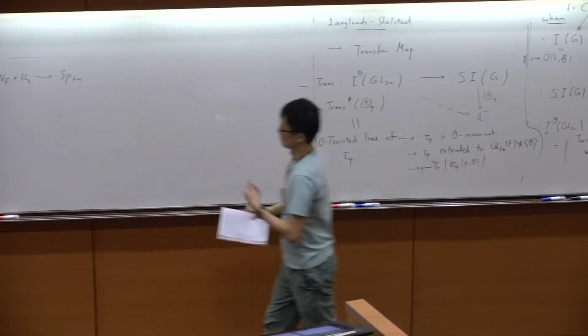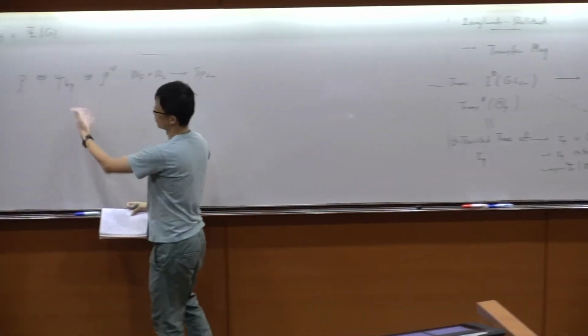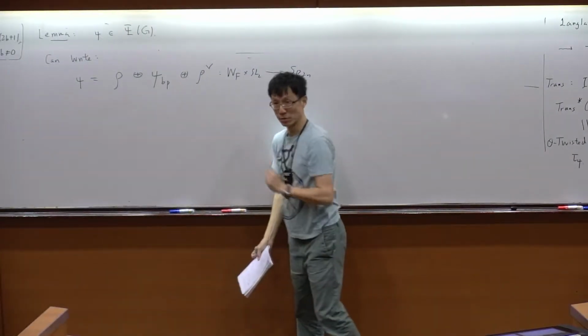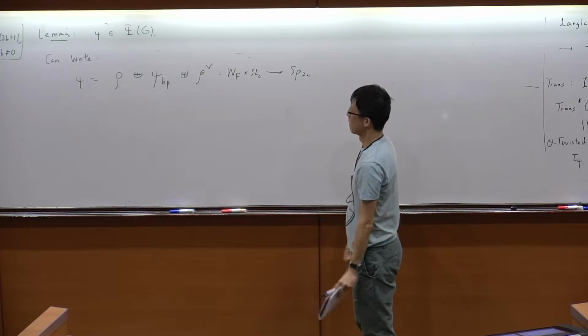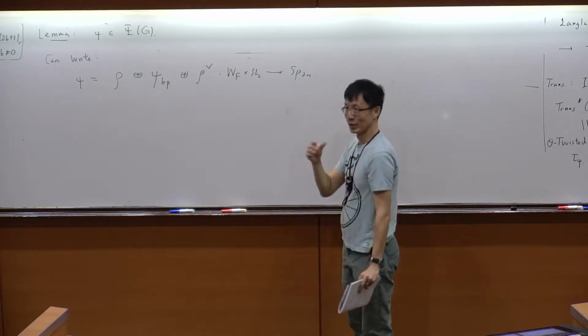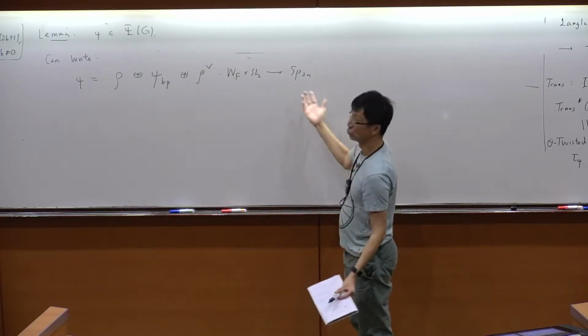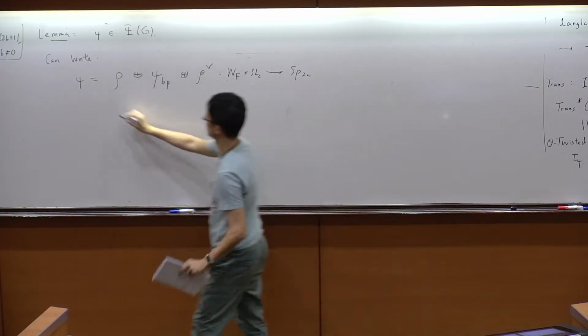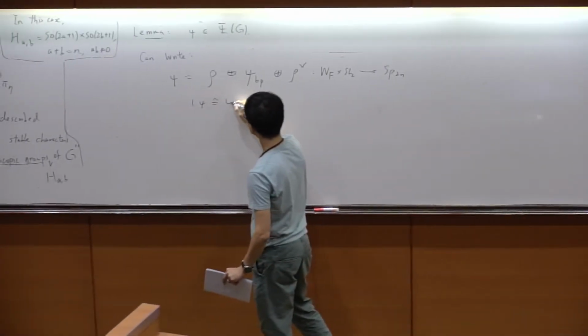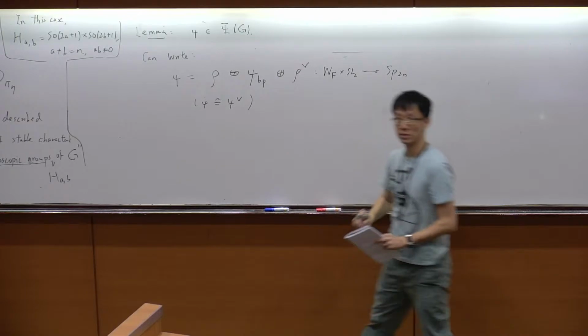Okay, it's a representation, so it can be broken down into irreducibles. So it's a semi-simple representation. And now when you look at each irreducible component, you see this representation is self-dual. Okay, as a representation, it's isomorphic to its dual.